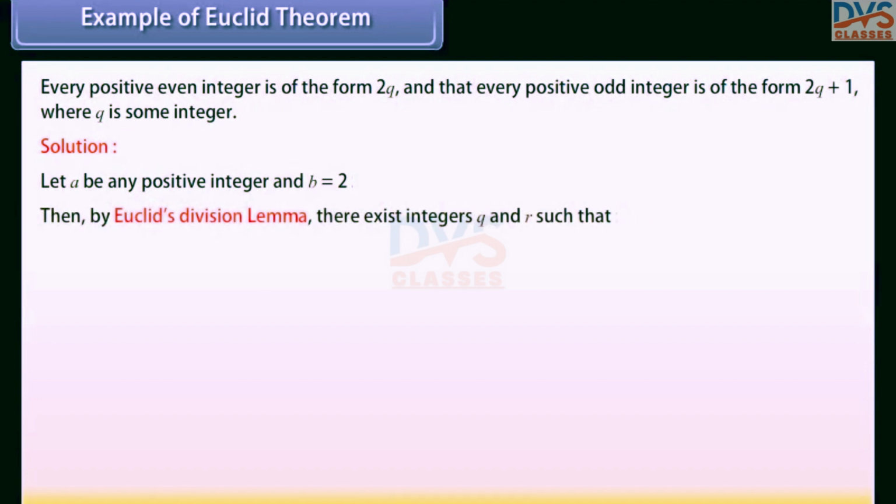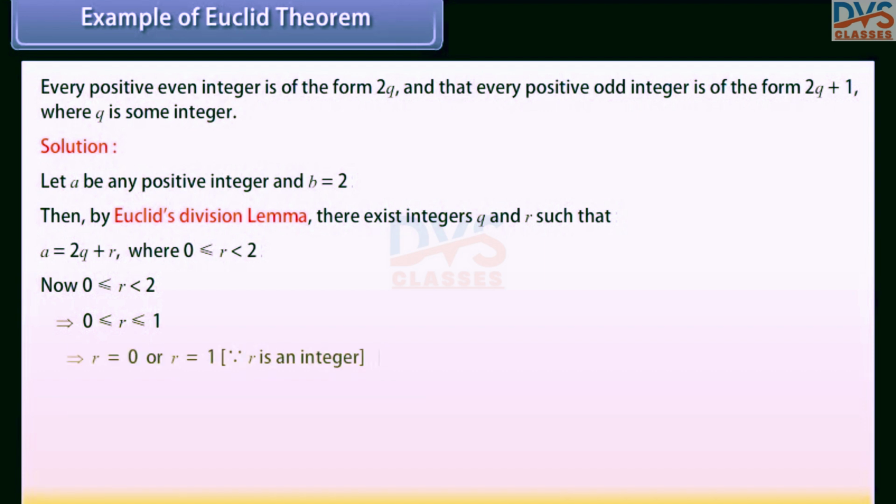Then by Euclid's division lemma, there exist integers q and r such that a is equal to 2q plus r, where 0 is smaller than or equal to r is smaller than 2. Now, 0 is smaller than or equal to r is smaller than 2, which implies 0 is smaller than or equal to r is smaller than or equal to 1, which implies r is equal to 0 or r is equal to 1 because r is an integer.